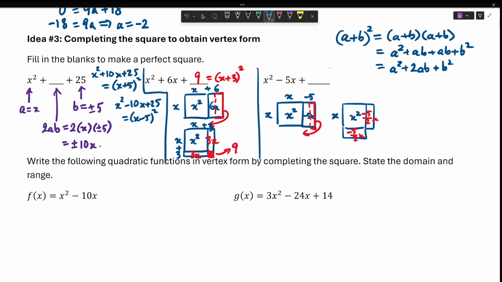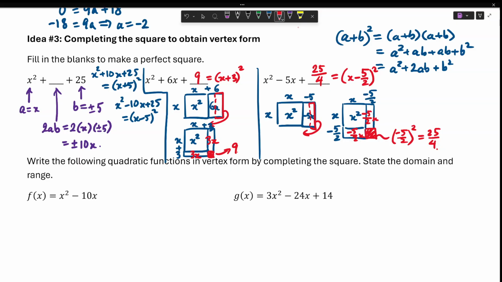So your dimensions are x minus 5 halves and x minus 5 halves. What's left over is this square, which is negative 5 halves times negative 5 halves, or negative 5 halves squared, which is 25 over 4. That's the mystery number, and that makes this (x - 5/2) squared.